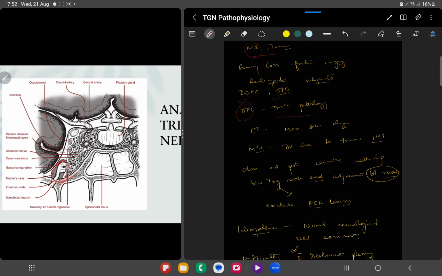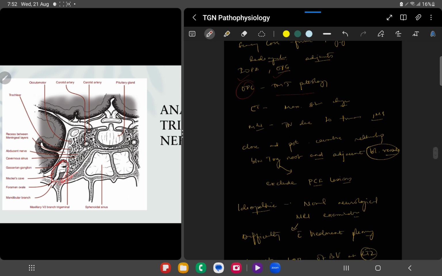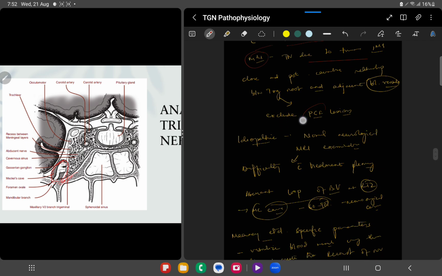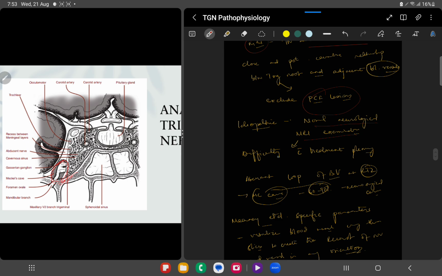OPG to see the TMJ condition, IOPA to see if there is any caries or not, CT to see the maxillary sinus, then MRI to see if it is due to any neurovascular compression, or to exclude any posterior cranial fossa lesions, whether it is idiopathic. Because in idiopathic cases it is found that there are normal neurological findings as well as a normal MRI examination, so there is difficulty with treatment planning.